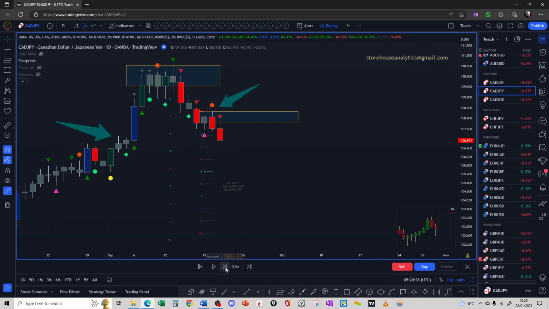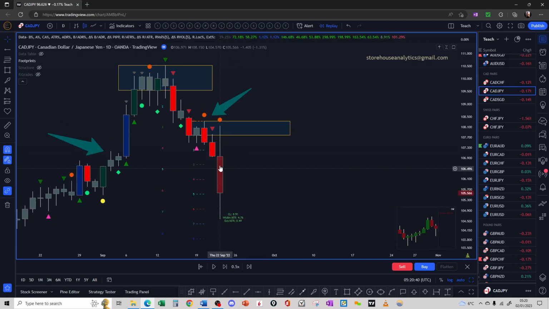So going forward again, what happened was prices went up into that level, shorts came in, and that's when they took out this zone. At least that's what we assume, because prices could have come down here, taken it out, gone back up into the supply, and then continued down. It could have happened in so many different ways, but we'll assume that's how it happened.